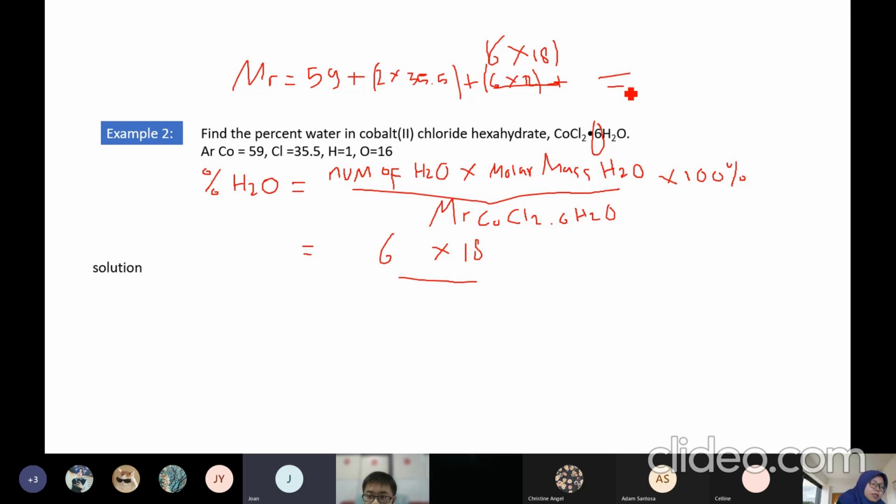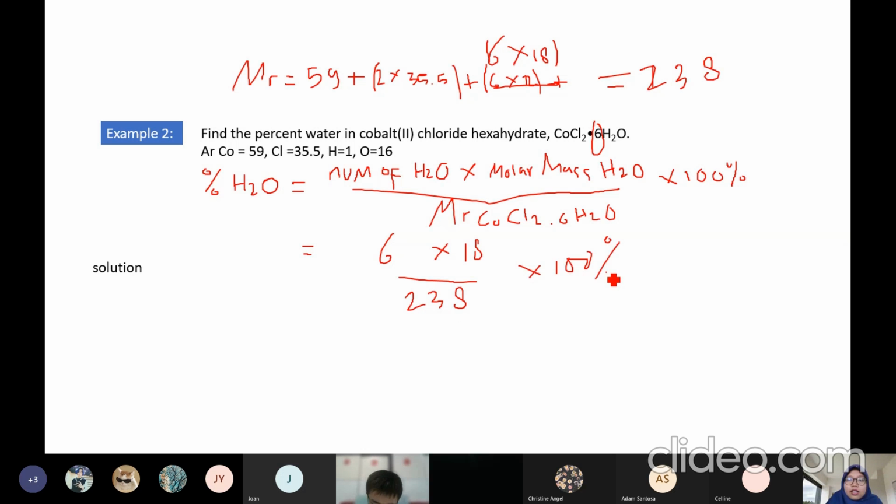And the total is 59 plus 71 plus 108, which is 238. Times 100%.